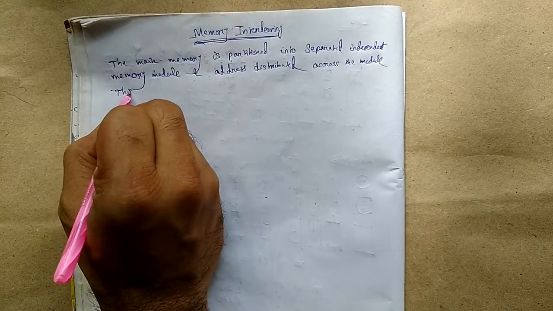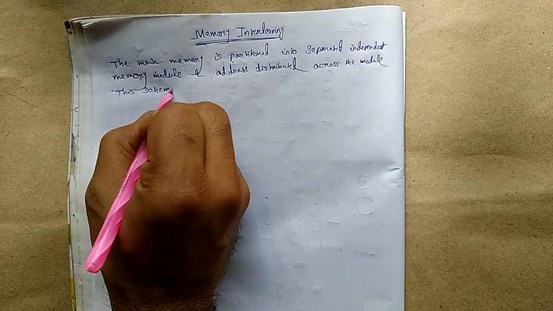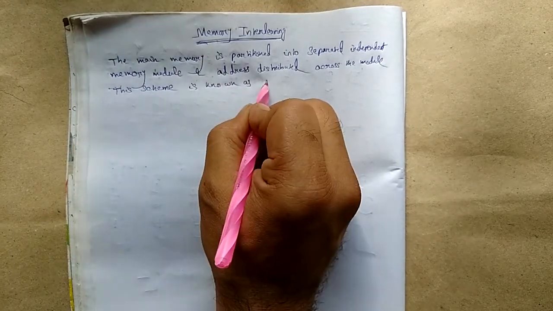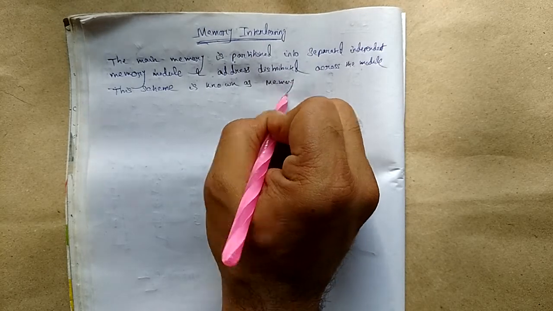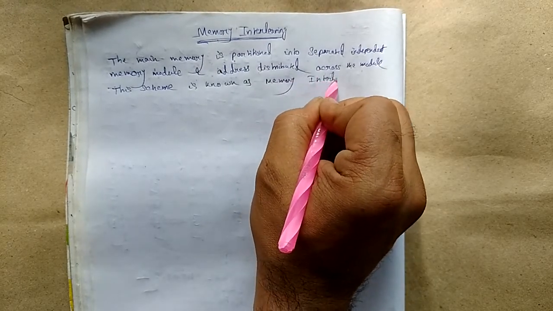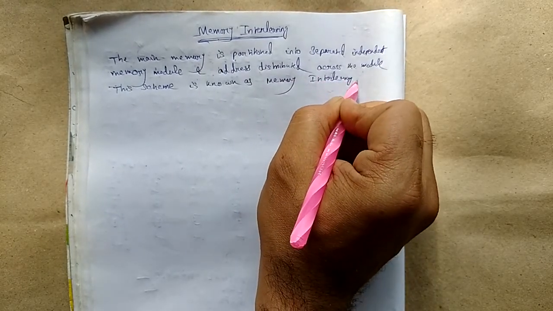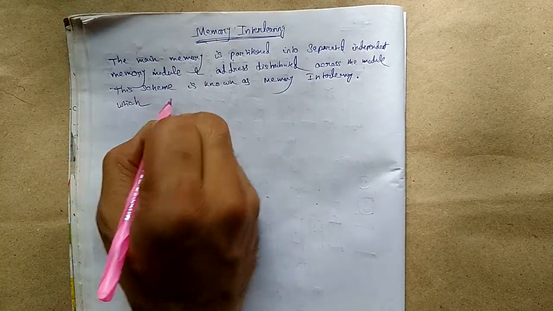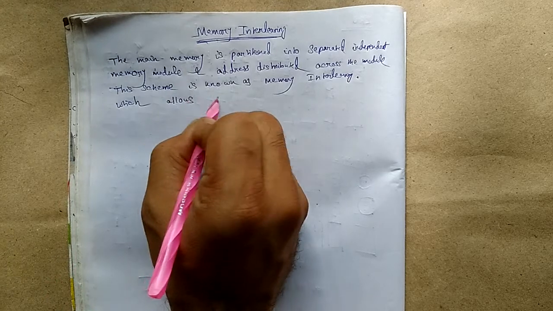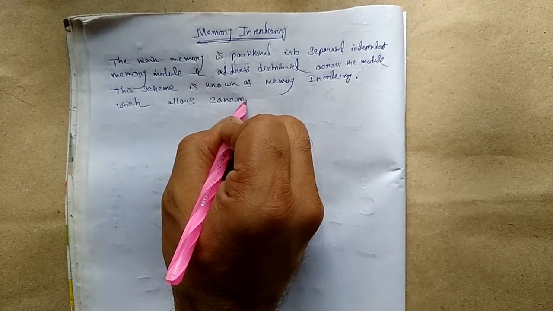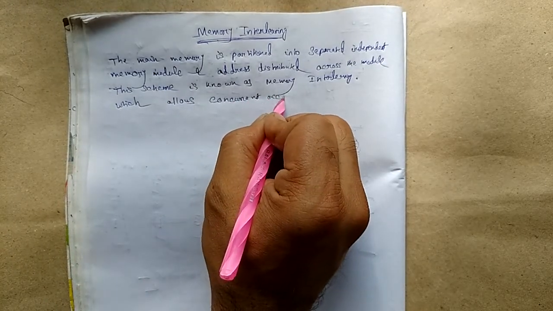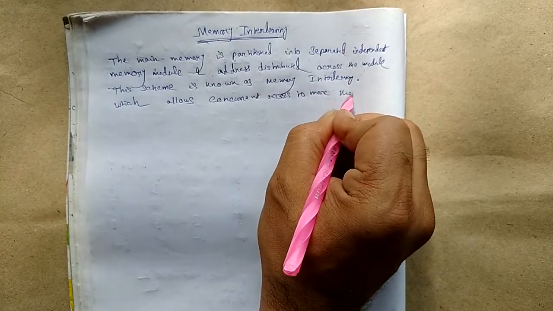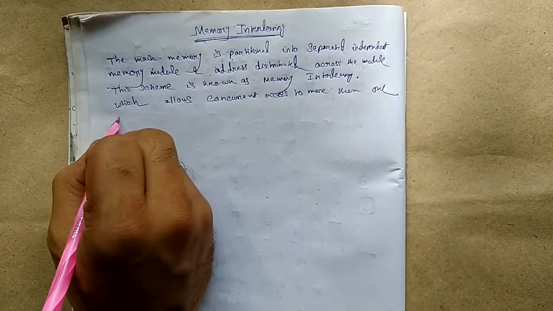This scheme is known as memory interleaving, which allows concurrent access to more than one module.